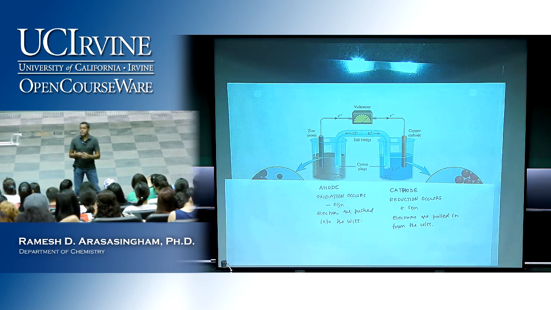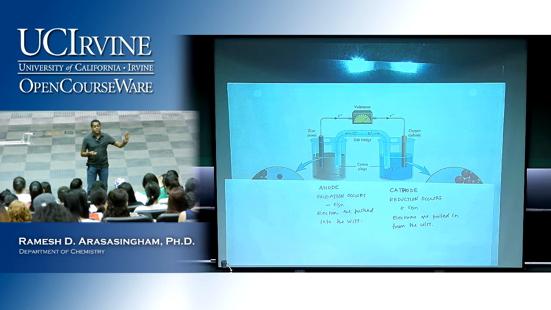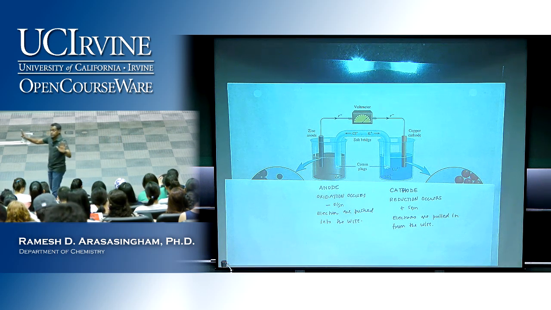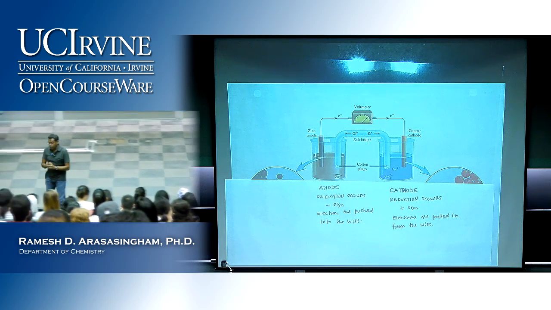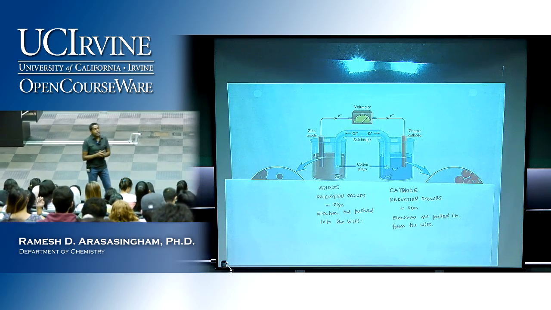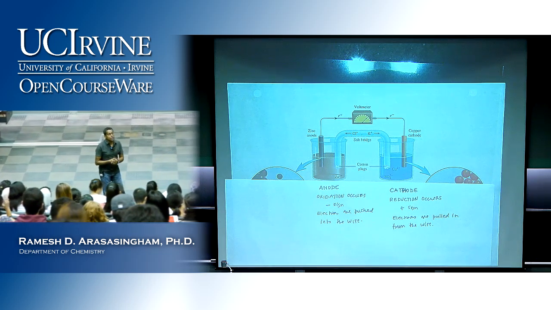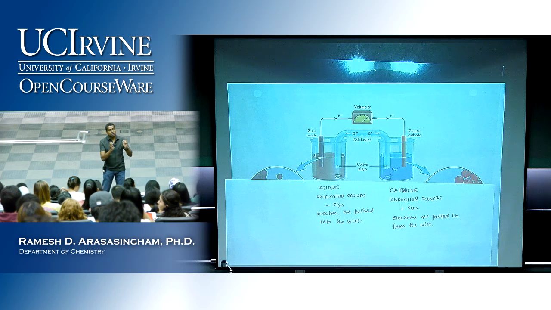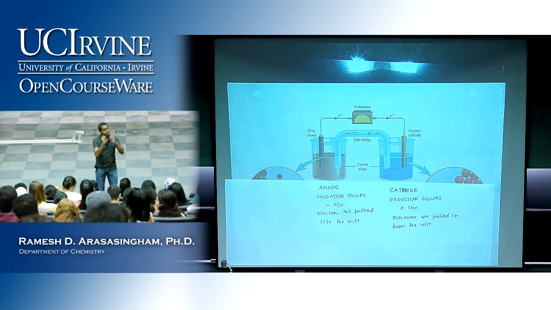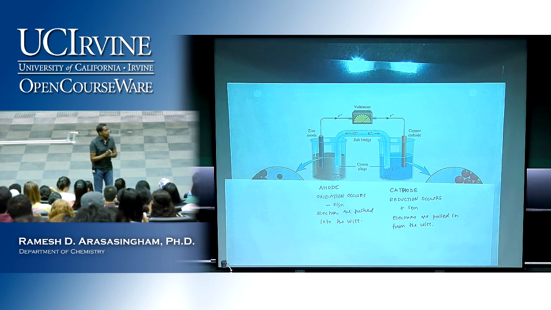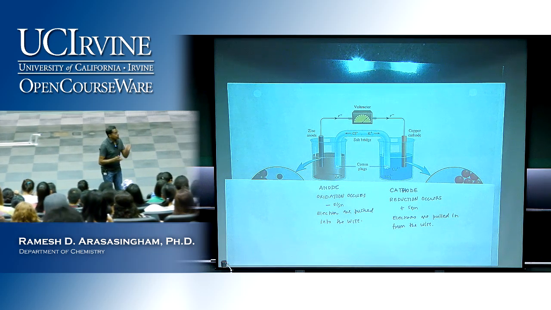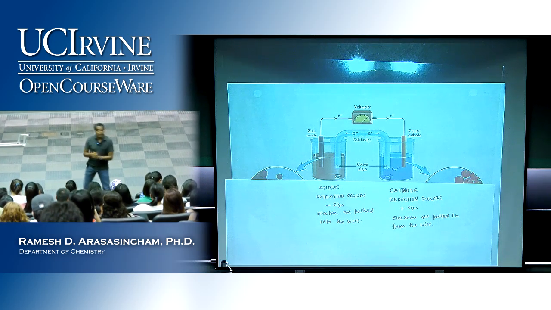We're going to physically separate the oxidation half reaction from the reduction half reaction. And we're going to connect the two through a wire so that the spontaneous reaction still occurs, but now you're forcing those billions upon billions of electrons to be channeled through that wire from one to the other.